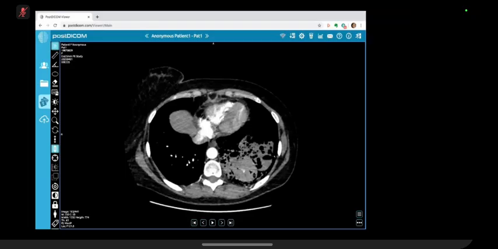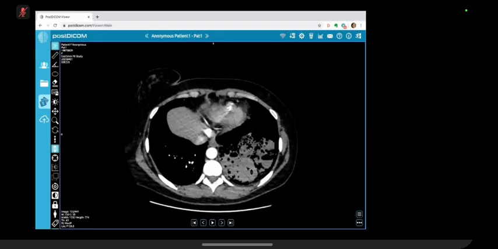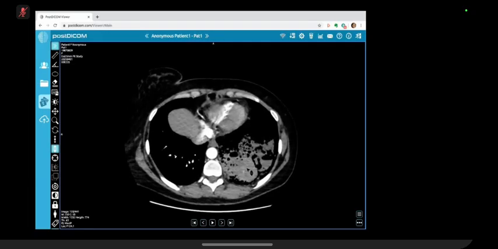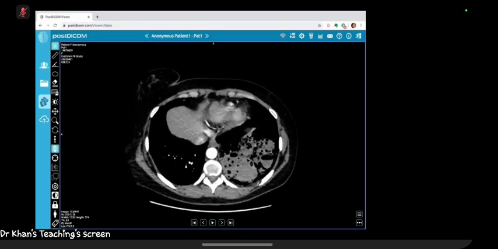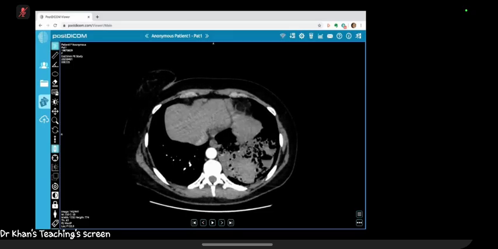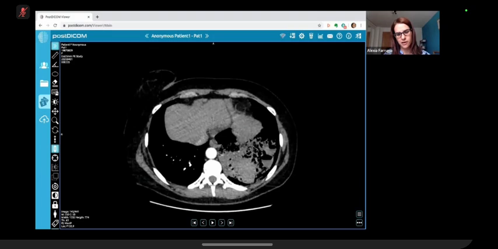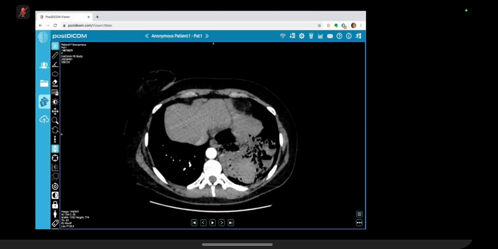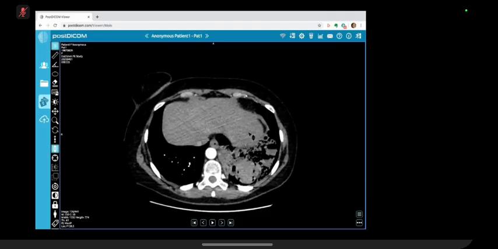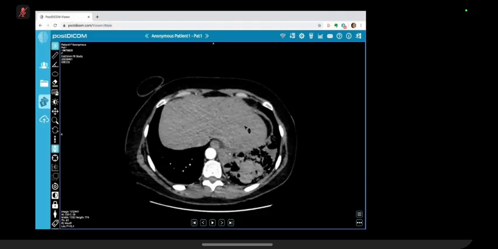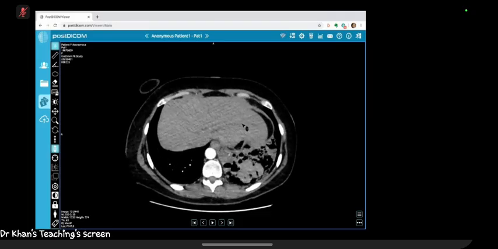So we're going to follow this vessel medially. Okay. Yeah. So it's opacifying, at the same time it's arterial kind of enhancement. And I'm following it immediately.